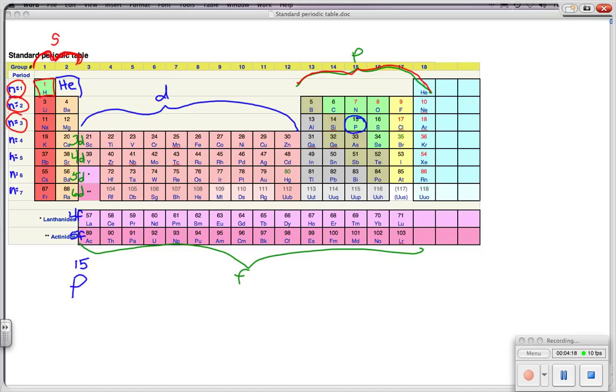I'm going to say 1, which refers to the principal energy level. The first sublevel I come to are the S's. I'm going to hit the S's first. So it becomes 1s.